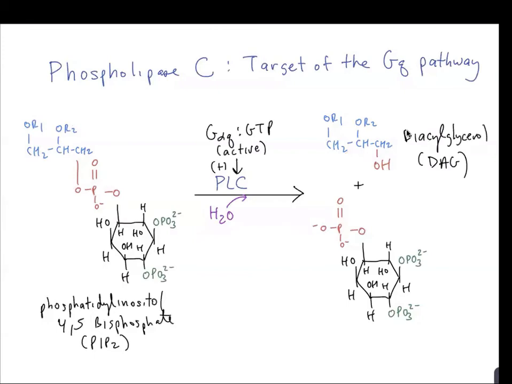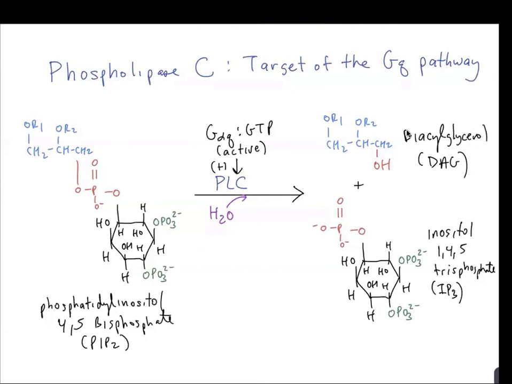And then we see that we have this inositol that had two phosphates in the 4 and 5 position, and it retains this phosphate here in the 1 position. And so now what this is going to be called is inositol 1,4,5-trisphosphate, or IP3.